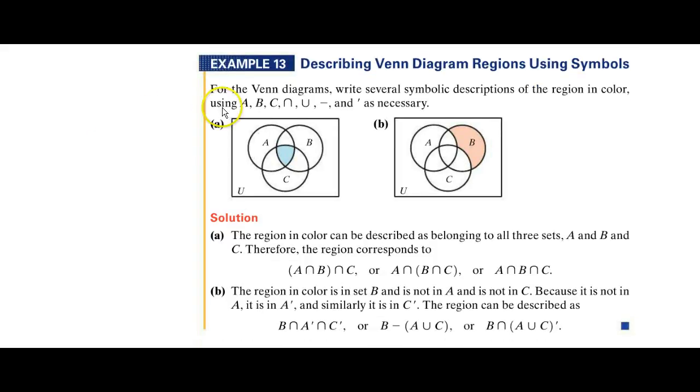For this, they want us to use set A, set B, set C, the symbol for intersection, the symbol for union, the symbol for difference, and the symbol for prime, or complement, as necessary.